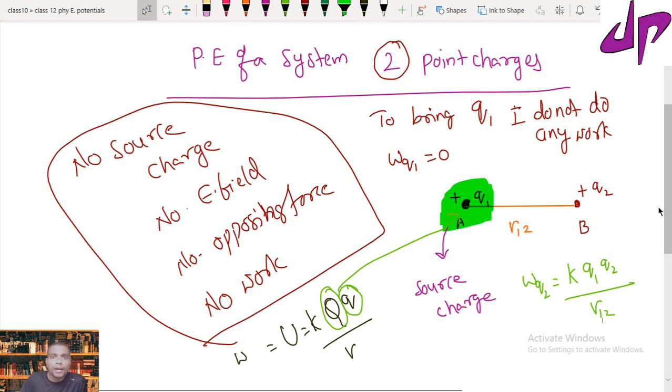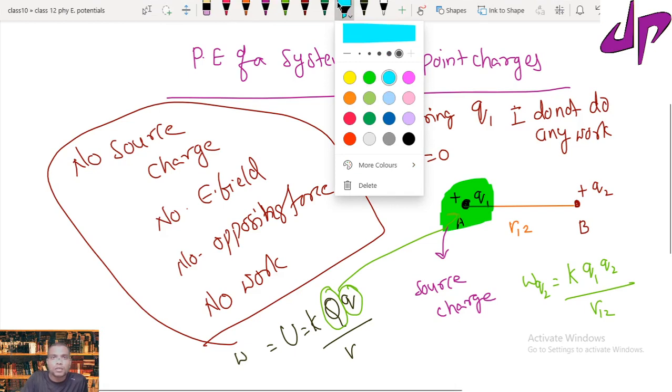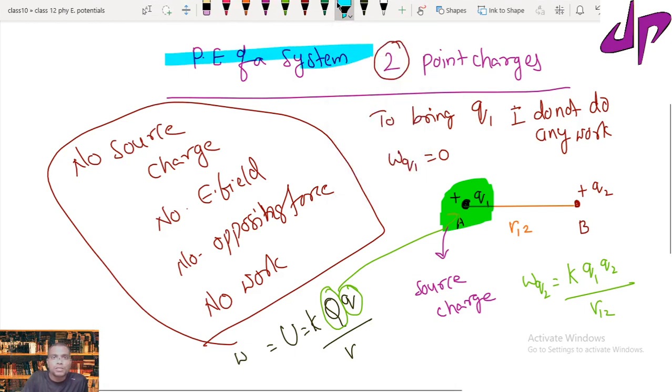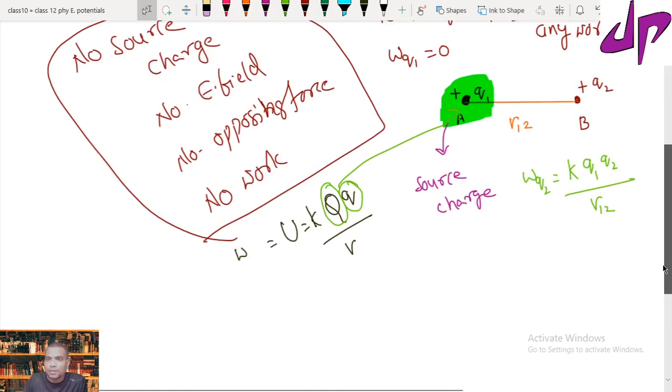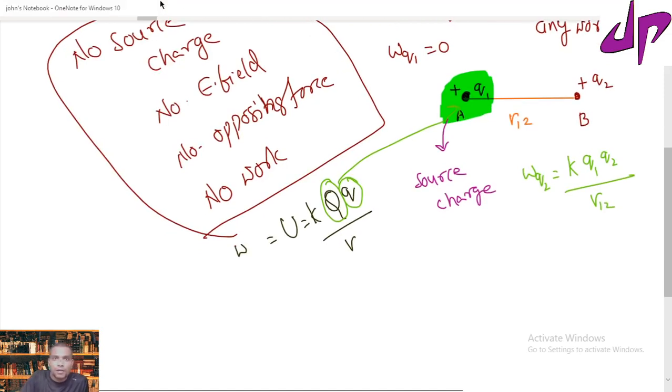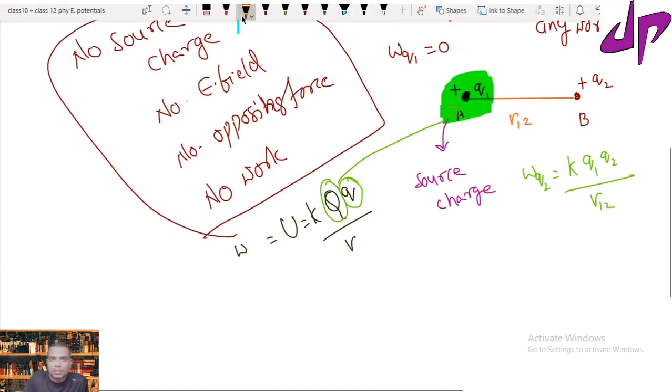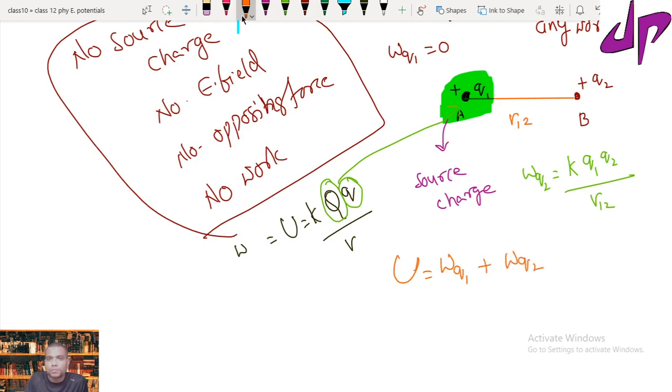Now I need to write the potential energy of the system. That is my task: the potential energy of the 2-point charges. The potential energy is stored in the form of work. So potential energy U equals the work done to bring charge q1 plus the work done to bring charge q2.